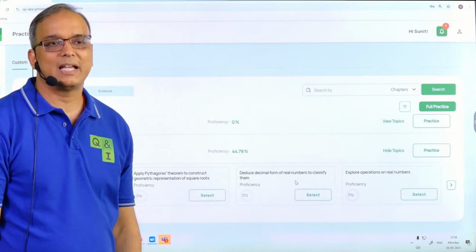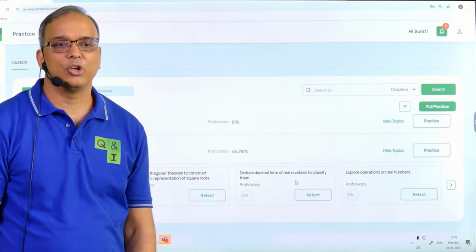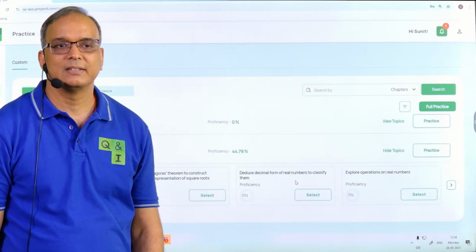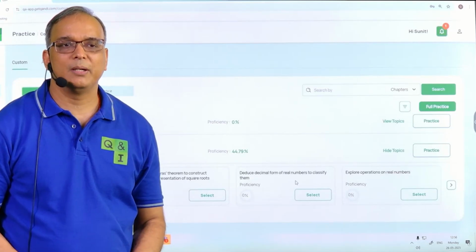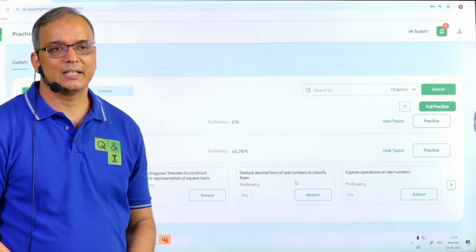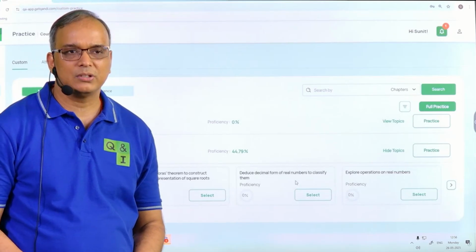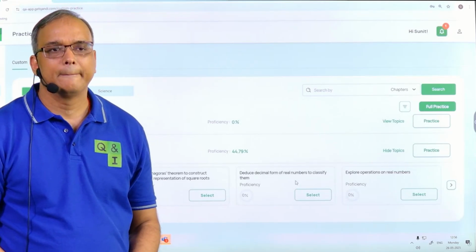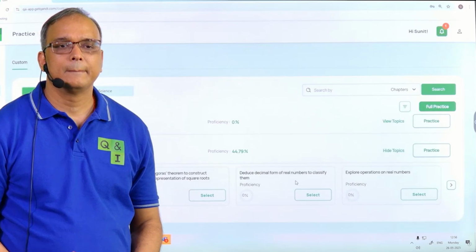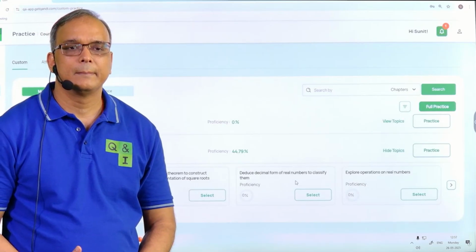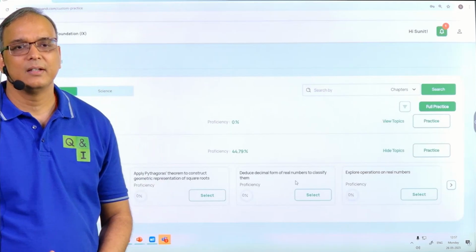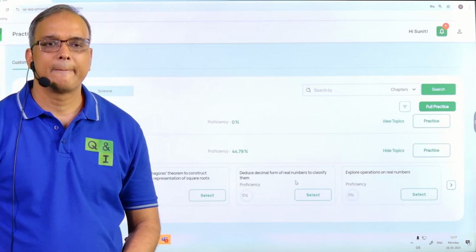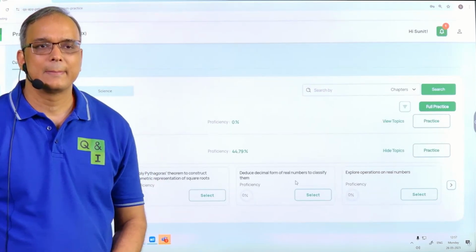How many students are able to log in on the platform and practice? Are all of you able to practice there? Okay, Hannah, you have a doubt? Kamalan, what is the issue you are facing on the platform? Like I can't open.